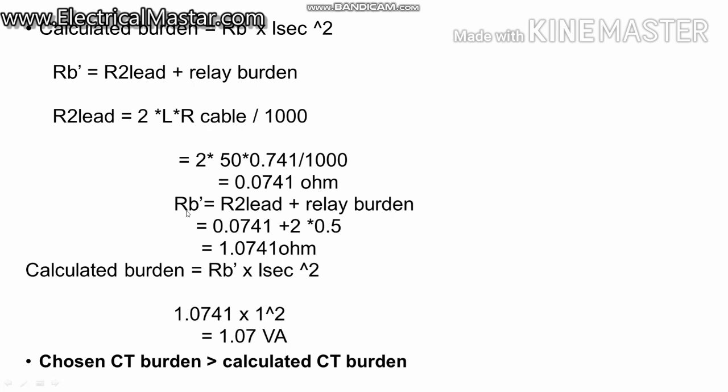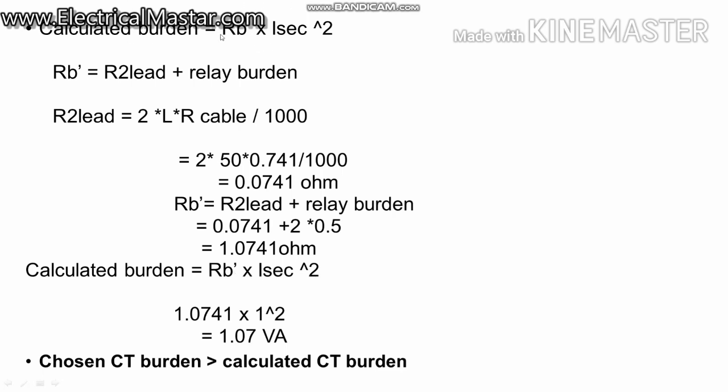Now RB dash equals R2 lead plus relay burden. R2 lead value is 0.0741 ohm plus the relay burden value, 2 relays, so 2 into 0.5 ohm. So we get the final value 1.0741 ohms. This is the calculated relay burden. Now the total calculated burden equals RB dash into I secondary square.